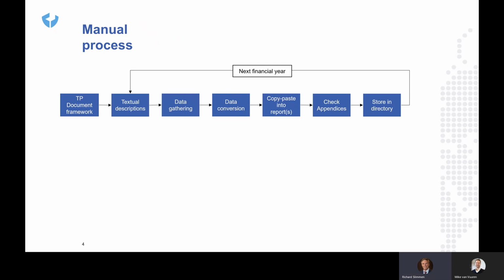Mike, maybe you can elaborate a bit on what we believe to be the main challenges. Sure, Richard. We've highlighted in the manual process in red the steps that concern the challenges. And I think the main challenges with the manual process are the following.